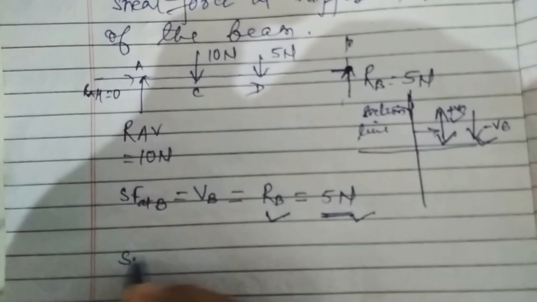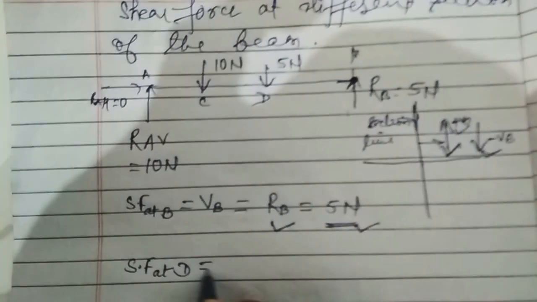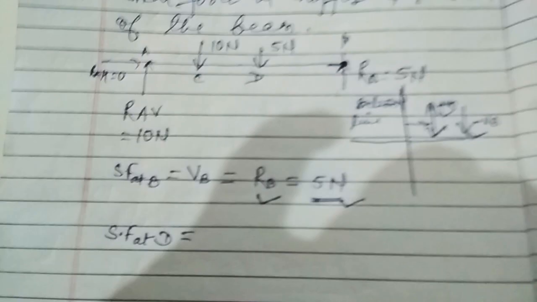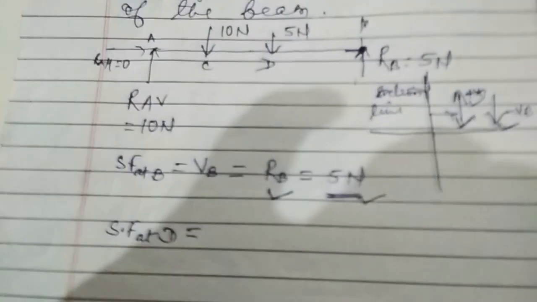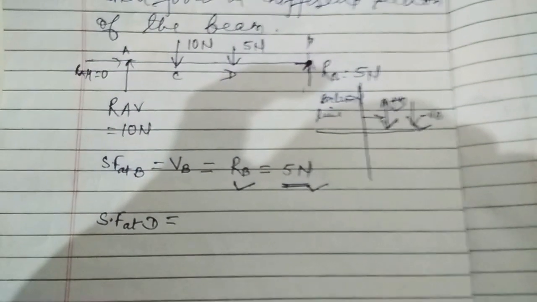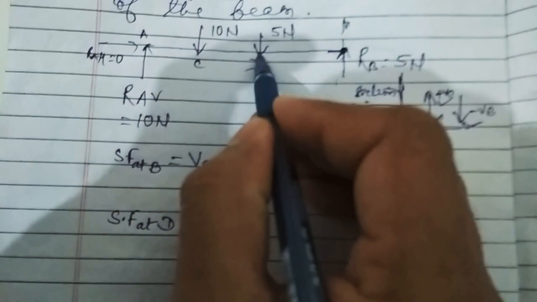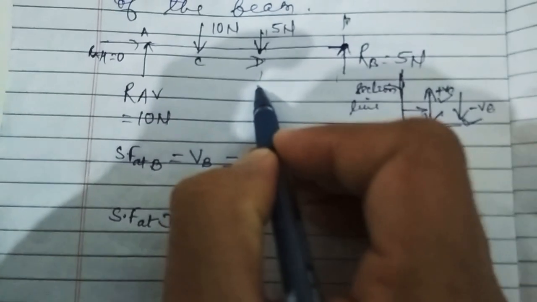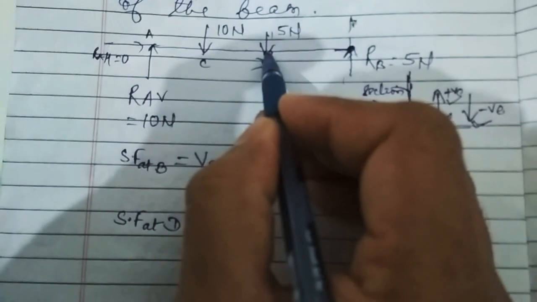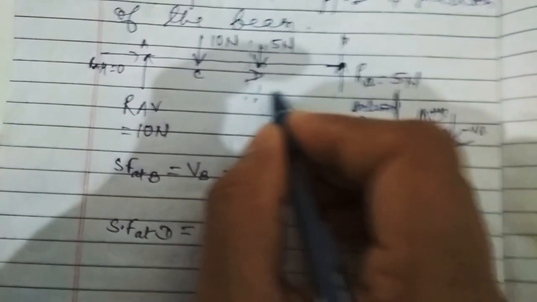Now the shear force at point D. Here it's a very interesting point. At point D, the value of shear force is very important. To find the value of shear force at point D, we need to consider a section line just before the point D and a section line just after the point D, right?